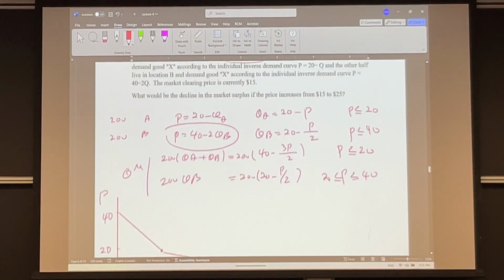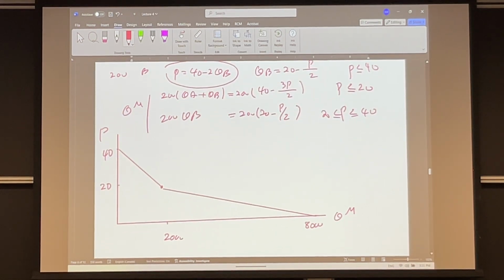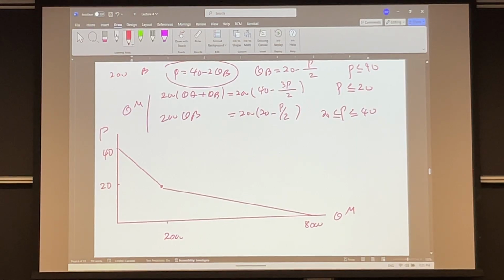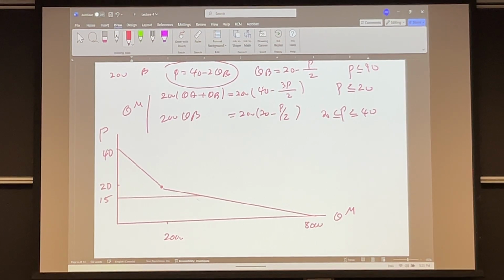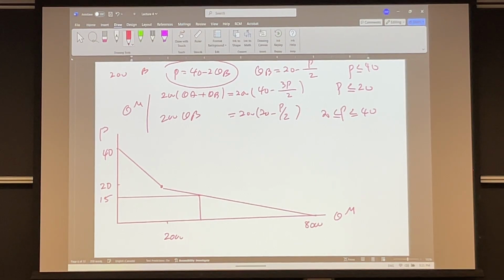Anyway, next step. The price is 15. What's the demand? The price is 15. What is the demand? Give me the demand. You should use the first one, not the second one. That's where the price can be less than 20, which is 15.